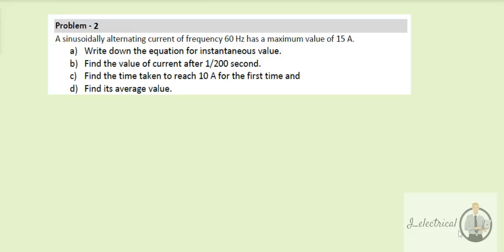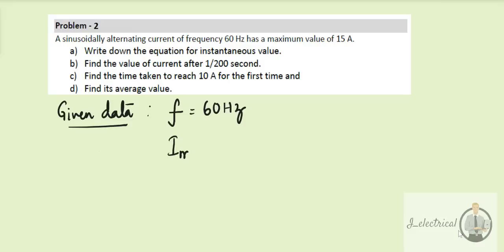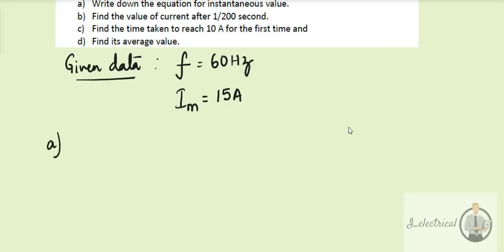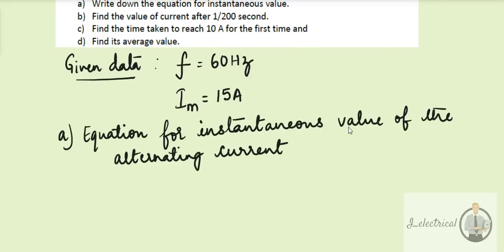First we need to write down the given data. The frequency is given, which is 60 Hertz. Then we have the maximum current Im, which is 15 amps. Now, first, I need to write down the equation of instantaneous value. We know that any alternating current is given by the instantaneous equation I is equal to Im sine omega t.